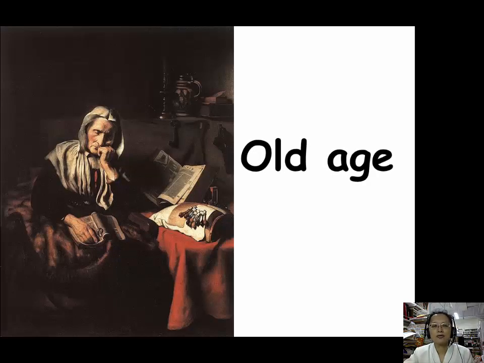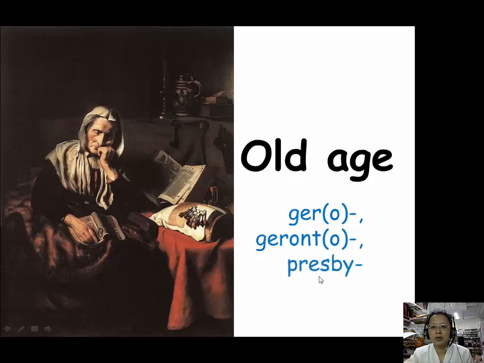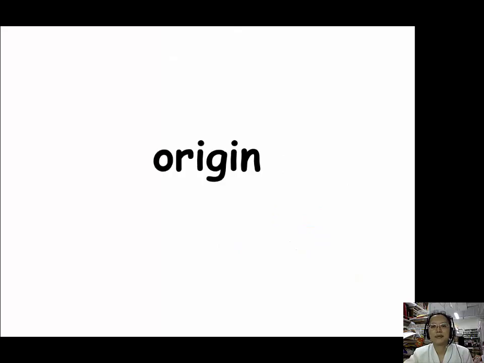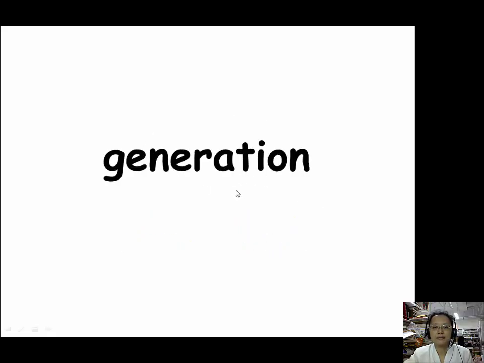In the second part of lesson 20, we learned that for old age, we can use gero, G-E-R-O, or geronto, G-E-R-O-N-T-O, or presby, P-R-E-S-B-Y. And we could use archi, A-R-C-H-I, or the suffix geny, G-E-N-Y, for origin.